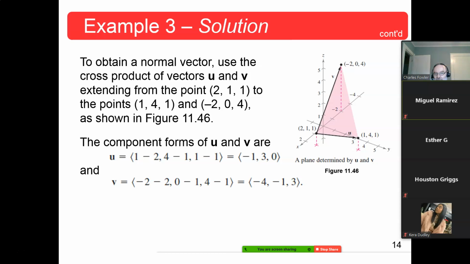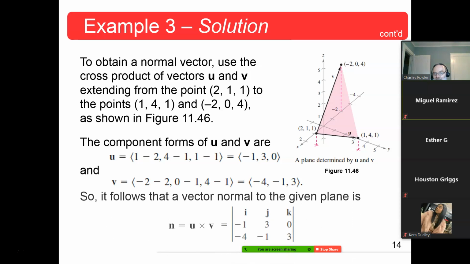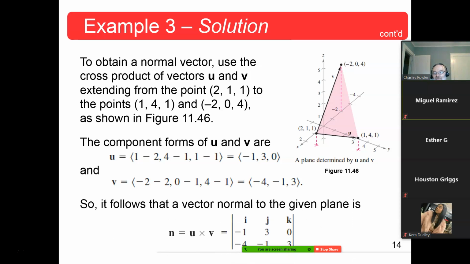We cross them. Okay, do a cross product, and that guarantees to give you a vector normal to that plane. So that cross product again is ijk, and then choose either one of those, negative 1, 3, 0, negative 4, negative 1, 3.